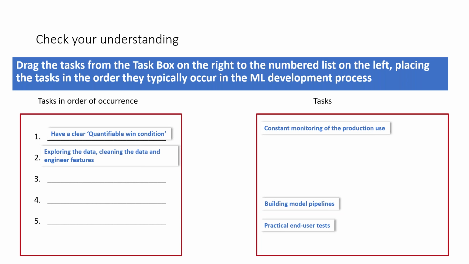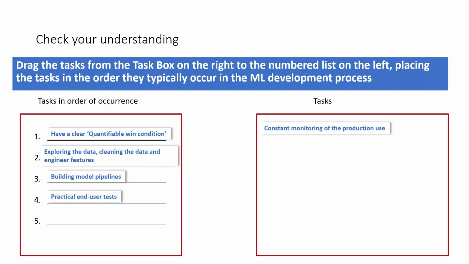So exploring the data, cleaning the data, and engineering features will happen as the second task. What is the third task? Building model pipelines. And then what happens? Practical end user tests. And fifth, constant monitoring of production. Very good.